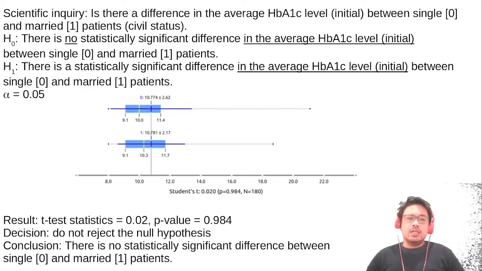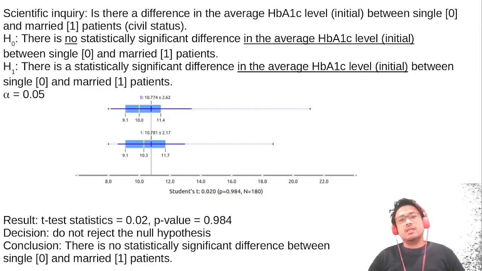So ang null hypothesis natin is there's no statistically significant difference in the average HbA1c level in the initial part between single and married. So yung single, ilagay natin siya as 0 yung kanyang designation, and then 1 yung married.